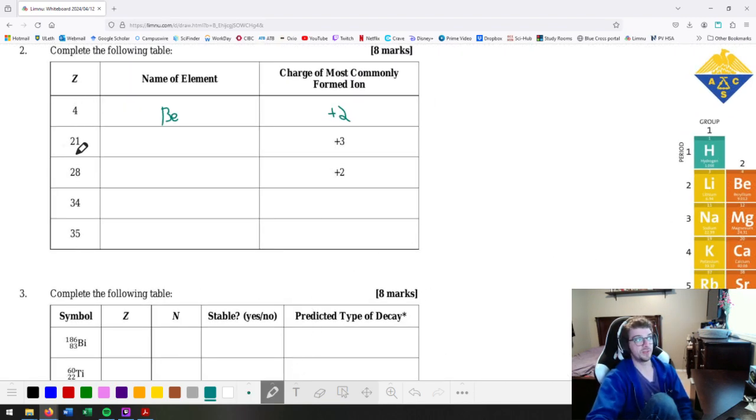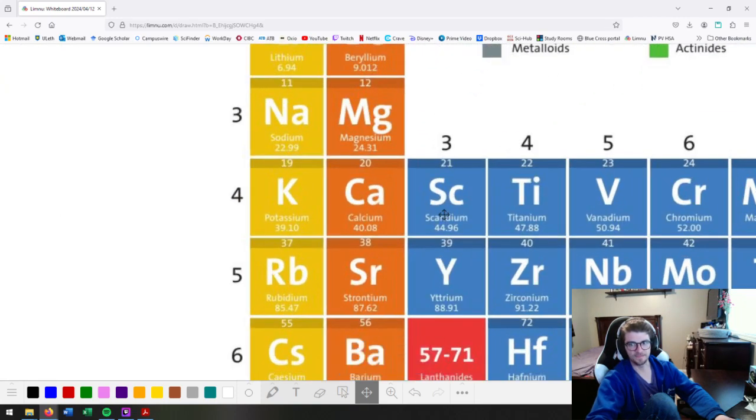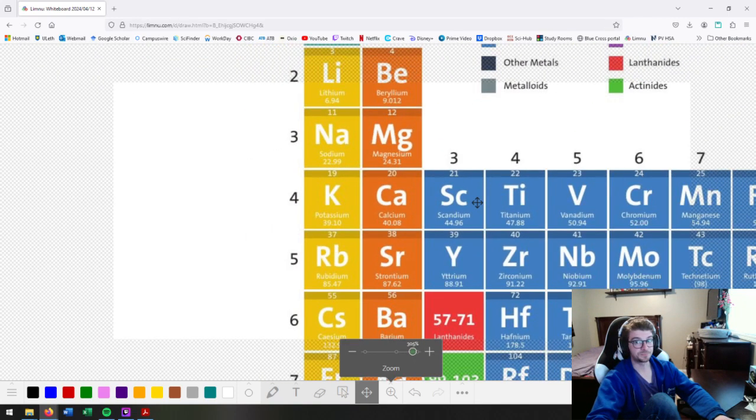Okay, so next one, Z, or a proton count of 21, puts it at, yeah, there we go, scandium.